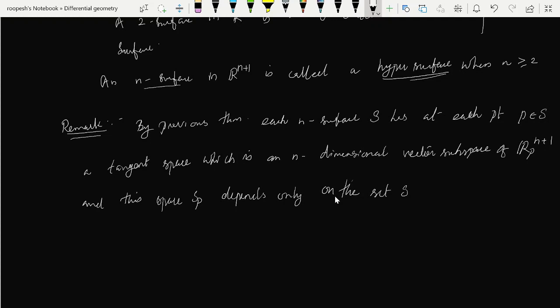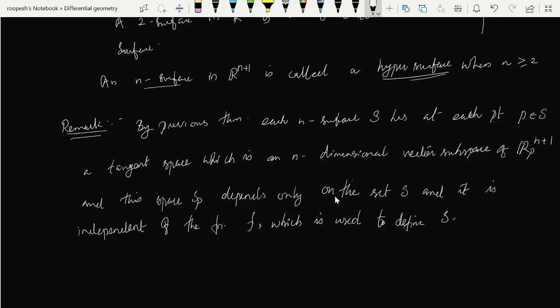It is independent of the function f that we used to define the surface S. So by the previous theorem, if you consider any surface, you can have a tangent space at that point.